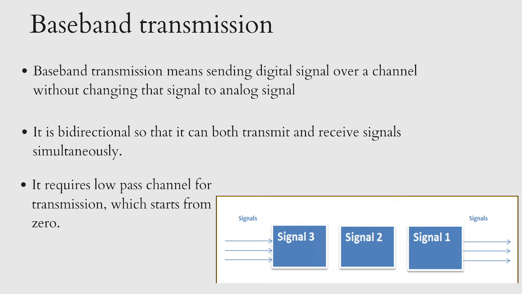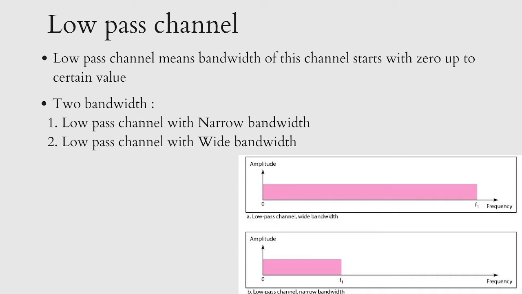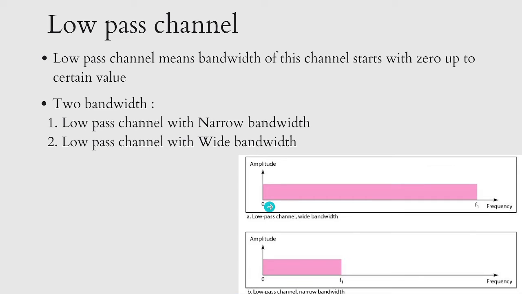Next we will discuss the low pass channel and its two types. The two types are the first with narrow bandwidth and another with wide bandwidth. Narrow bandwidth, or we can say limited bandwidth. As you can see, this is 0 to f1.